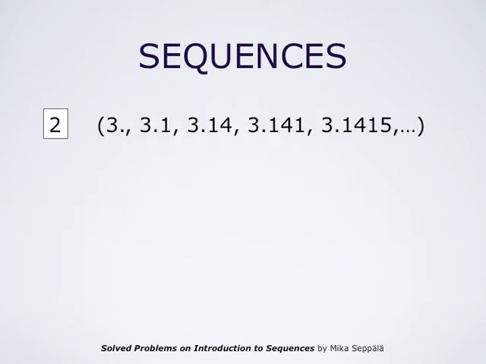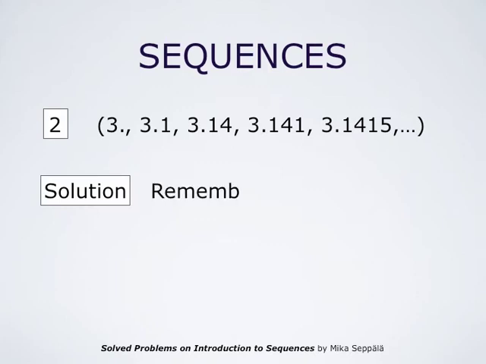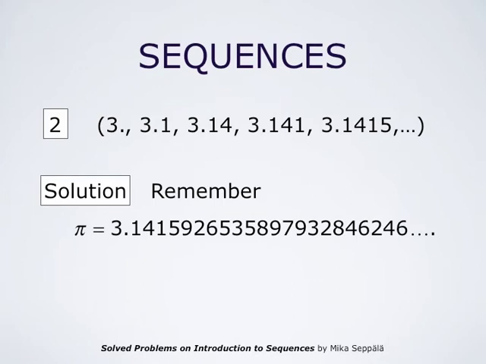In problem number 2, the sequence starts 3, 3.1, 3.14, 3.141, and 3.1415, and so forth. What is this sequence? We have to remember that the mathematical constant pi starts 3.141592653589793238462643, and so forth.